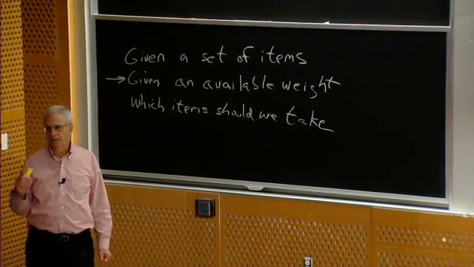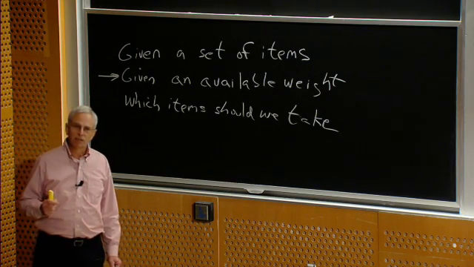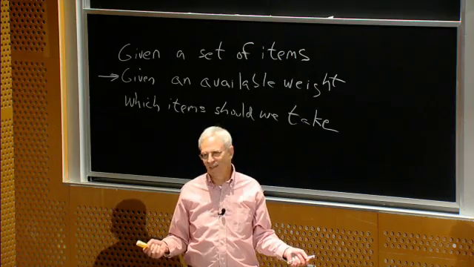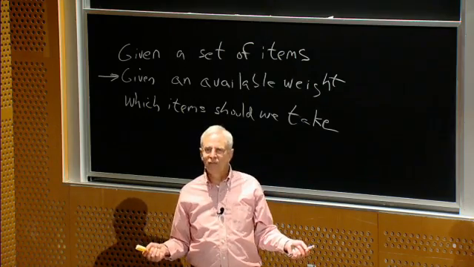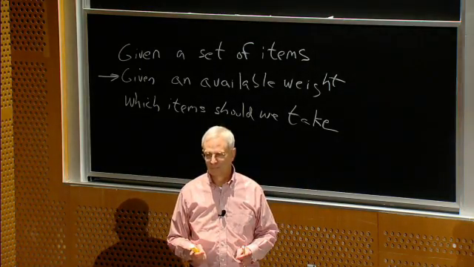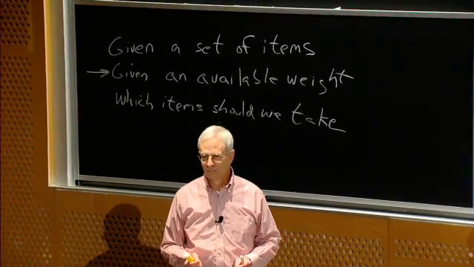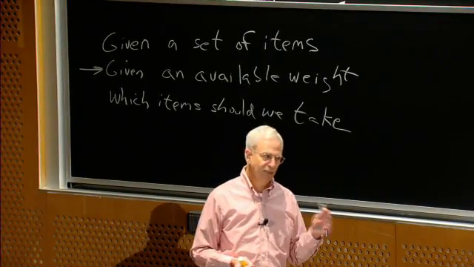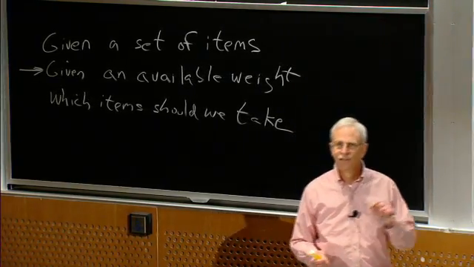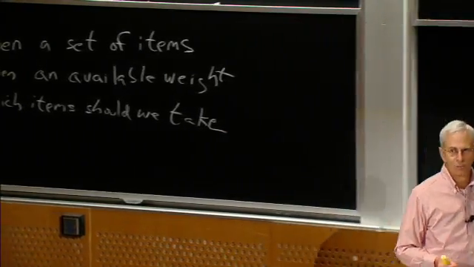Why is that important? Because there may be many different sets of items I could take that would add up to the same total weight, therefore leaving me the same problem to solve. And that's the key observation that tells us we can use dynamic programming to solve the 0-1 knapsack problem.